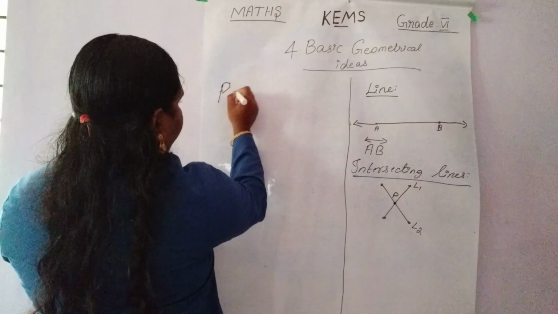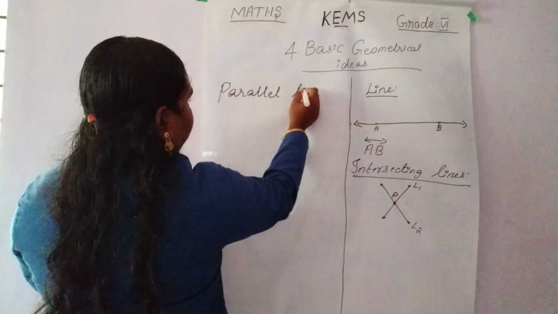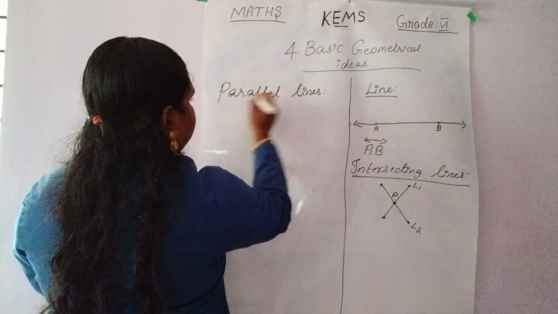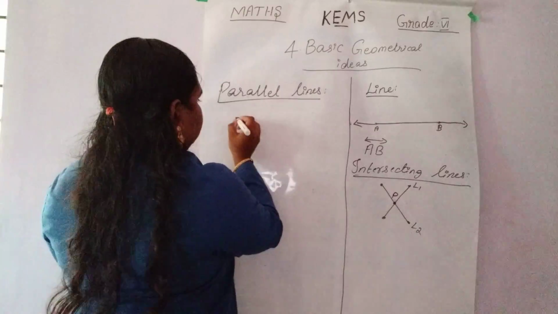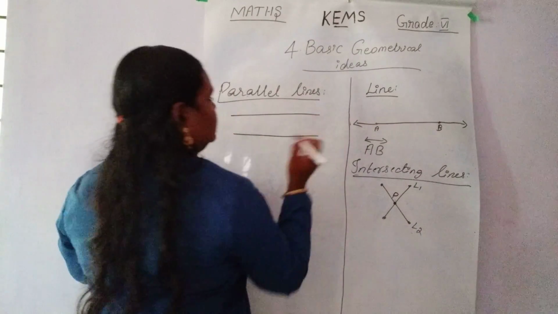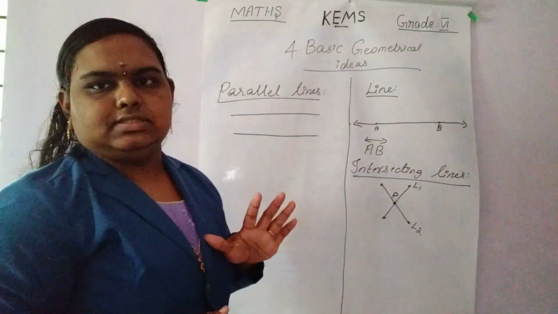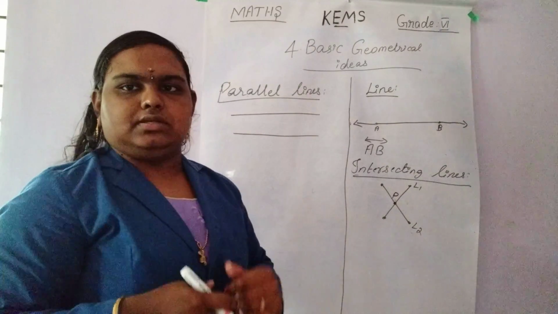is parallel lines. Parallel lines is nothing but, if I am taking two lines, for example, a railway track.